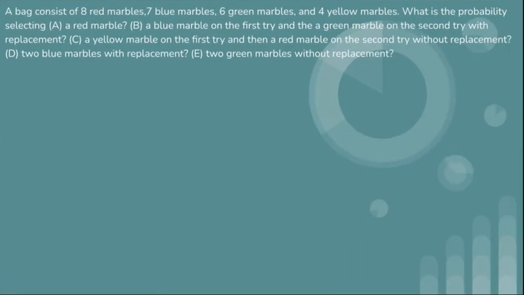So, for example, a bag consists of 8 red marbles, 7 blue marbles, 6 green marbles, and 4 yellow marbles. What is the probability of selecting A, a red marble; B, a blue marble on the first try and then a green marble on the second try, with replacement; C, a yellow marble on the first try and then a red marble on the second try without replacement; D, two blue marbles with replacement; and E, two green marbles without replacement.